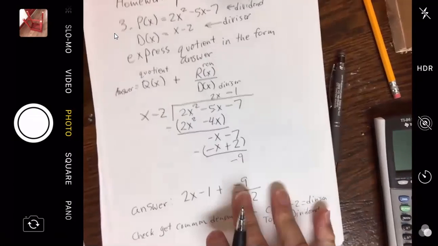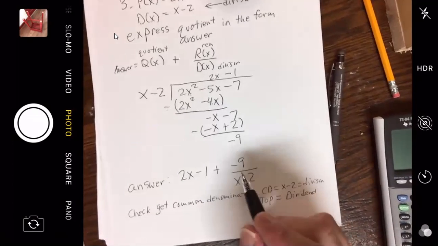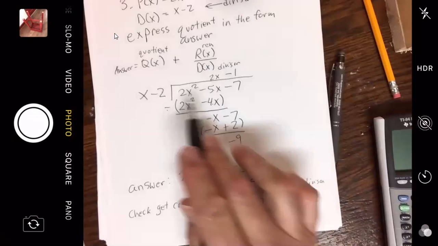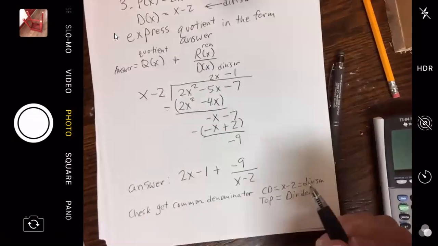Let's show you how it works. You don't have to check all of these. You can use the back of the book, but basically you got to come back to a common denominator form, which is this on top divided by this.